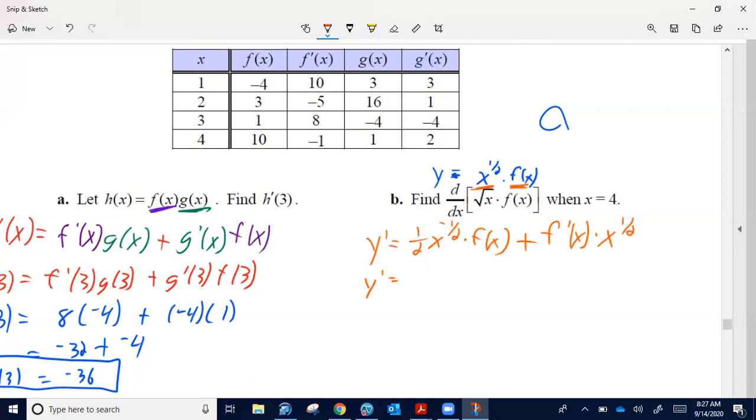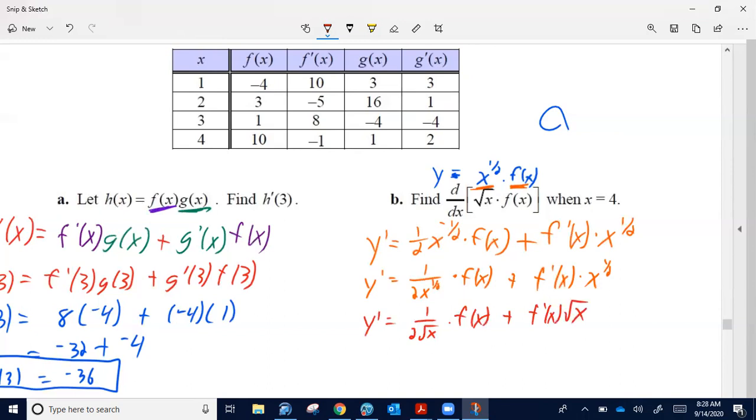I can put x to the -1/2 in the denominator. 1/2 x to the 1/2 times f of x plus f prime x to the 1/2. And if it helps at all, we can change a 1/2 power into a square root. So 1/2 radical x times f of x plus f prime of x times radical x.